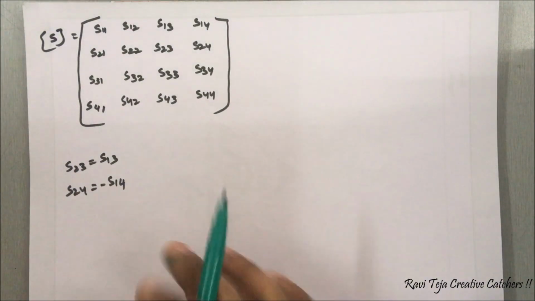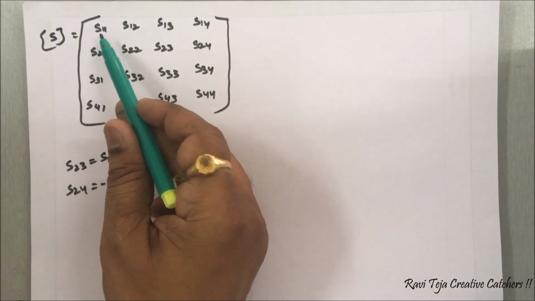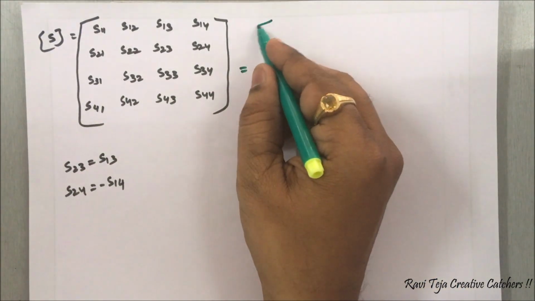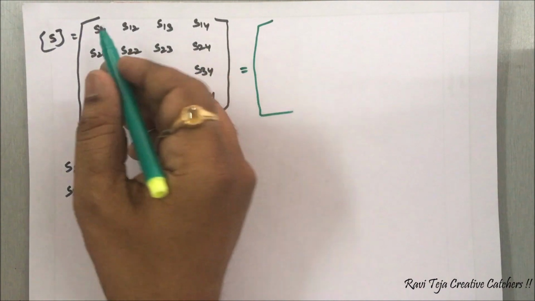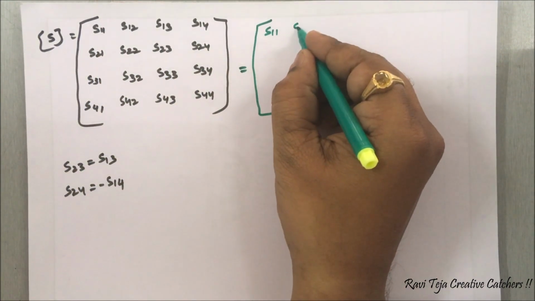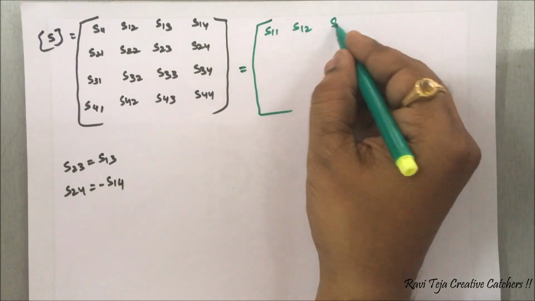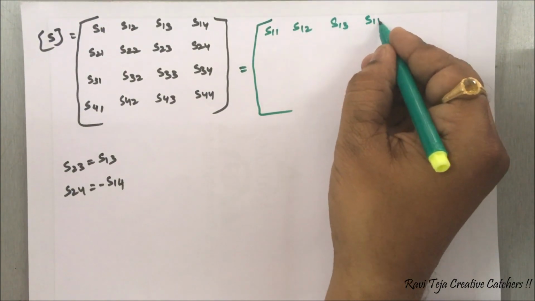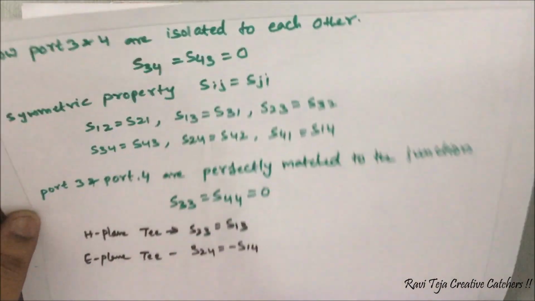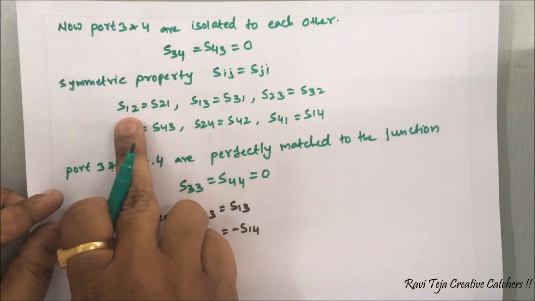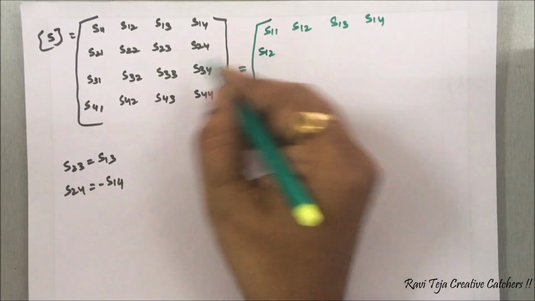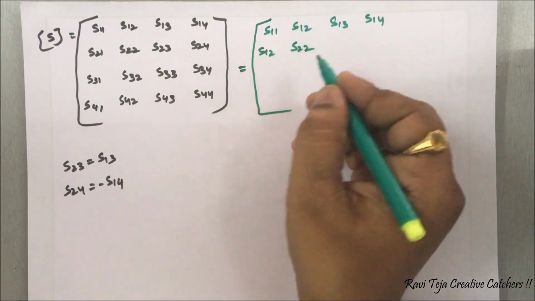So this is our S matrix starting from S11 to S44. Now substitute all those values. Let's write the above values as they are: S11, S12, S13, S14. S21 is S12, so S12, S22 write as it is.